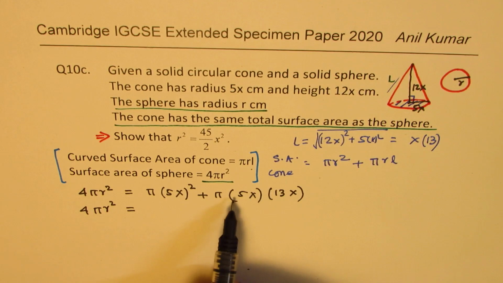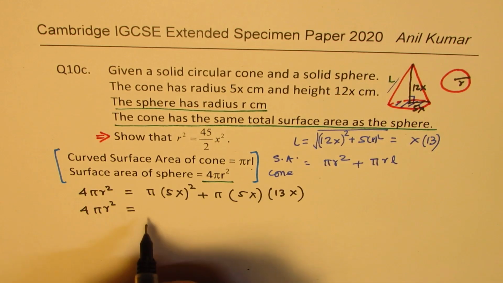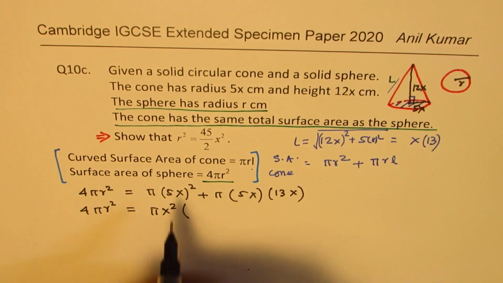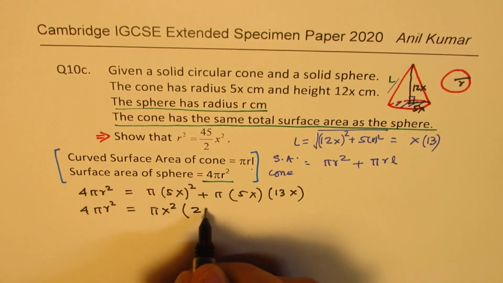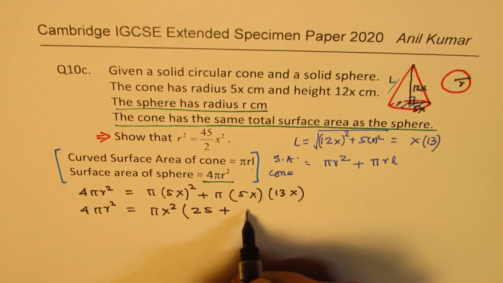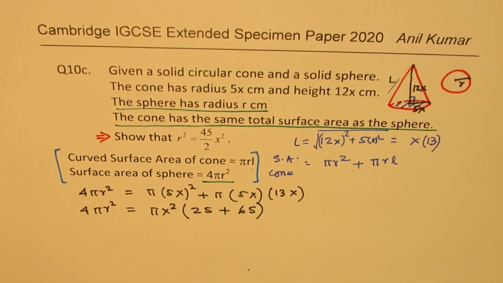Now, multiplying, we get x squared as a common factor. Pi is also a common factor. So we have pi x squared, and within the bracket we have 5 squared, which is 25, plus 13 times 5, which is 65.